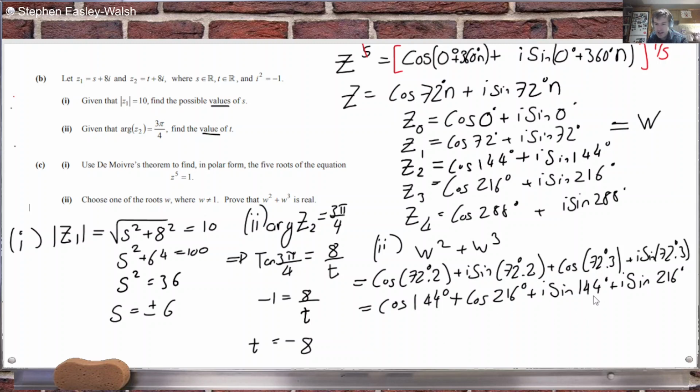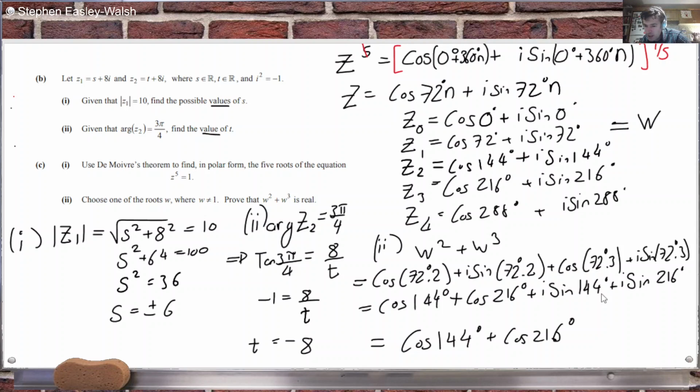So they actually cancel. So you're just left with cos 144 degrees plus cos 216 degrees then. I mean, we could prove that these cancel without having to use the calculator if we really need to. Perhaps we should.